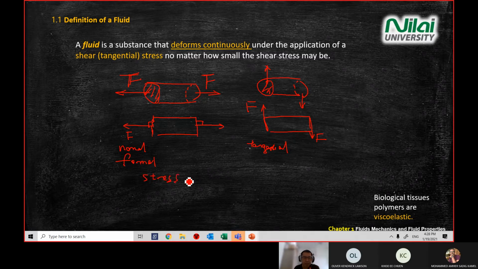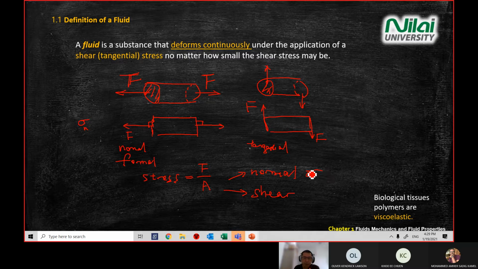Okay. Now what is stress? Stress, by definition, is force divided by area. You have two kinds of stress. The first kind is called normal stress. The second one is called shear stress. Both are stress, but because of the name that we give it, it will be different. So if the force is perpendicular to the area, you will get normal stress.